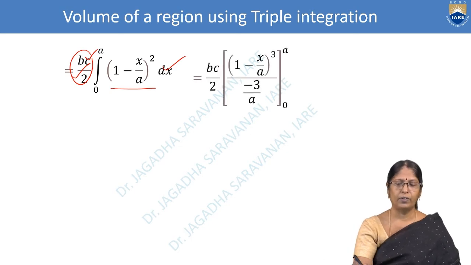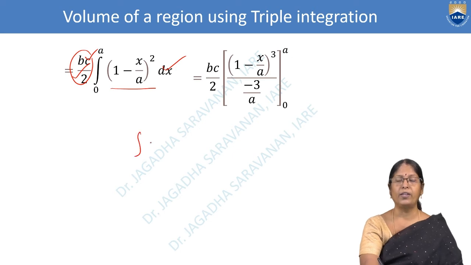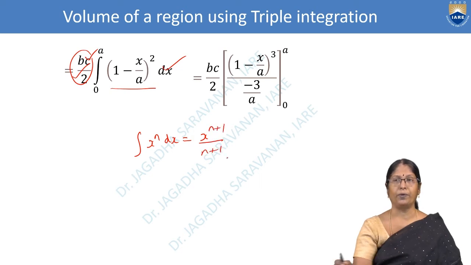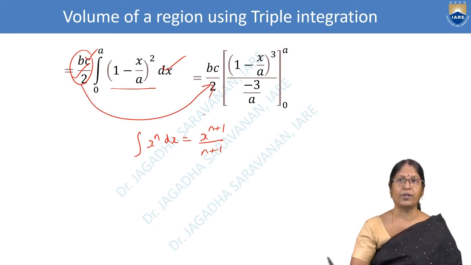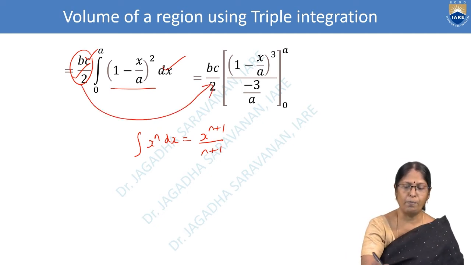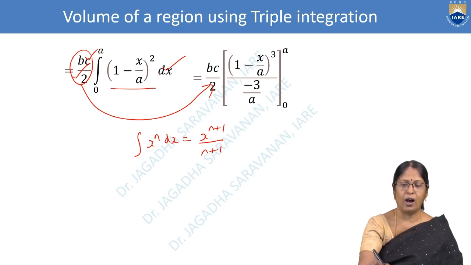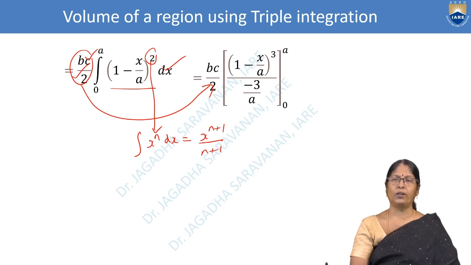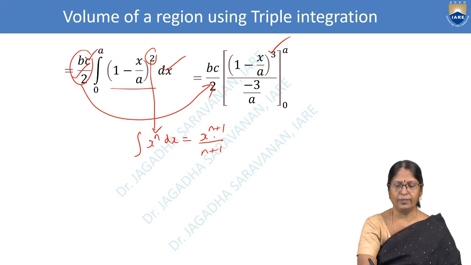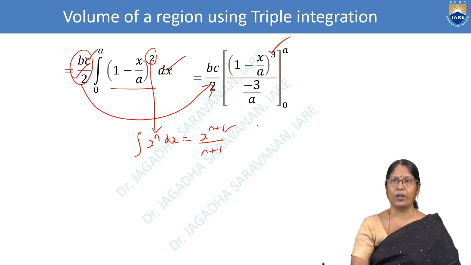For that, we know the simple integration formula: the integral of x to the power n dx equals x to the power n + 1 divided by n + 1. Fine. So bc/2 is written. Here (1 − x/a) is playing the role of x, with n = 2. So n + 1, what we wanted, is 3; we are getting 2 + 1 = 3.